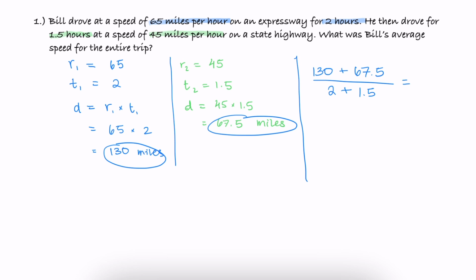This will give us 197.5 divided by 3.5, and that gives us our final answer of about 56.43 miles per hour. So that was his average speed for the entire trip.